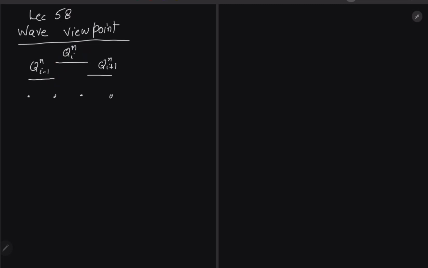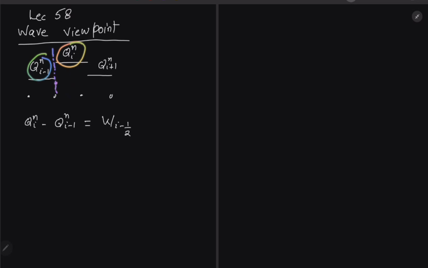So suppose there is a discontinuity like in a Riemann problem, then we can identify that discontinuity by Q_i^n minus Q_{i-1}^n, and we call it W_{i-1/2}. You may see that Q_i^n and Q_{i-1}^n are at this point.